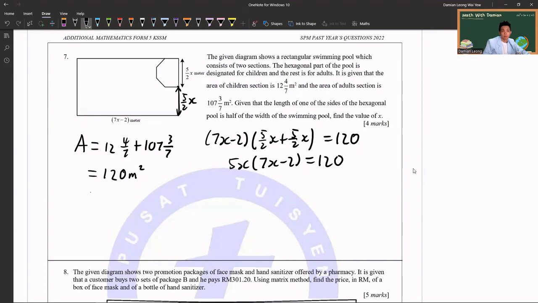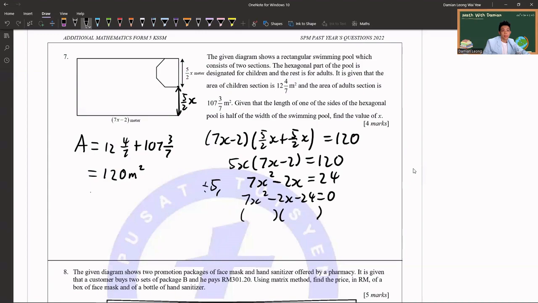I can divide 5 first. Okay, x and times in 7x squared minus 2x equals 120 divided by 5, which is 24. So 7x squared minus 2x minus 24 equals 0.